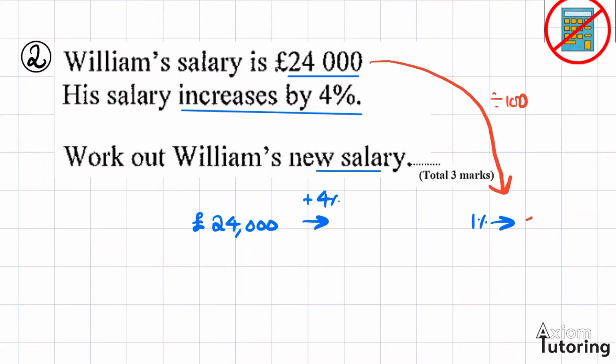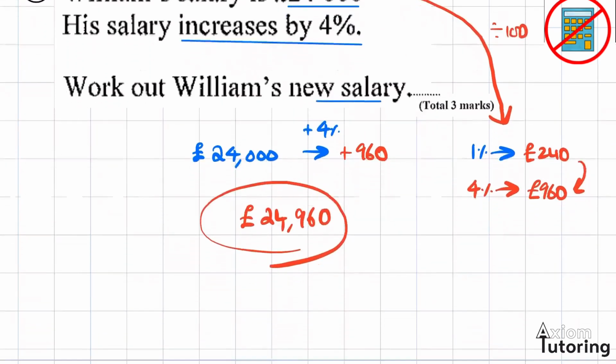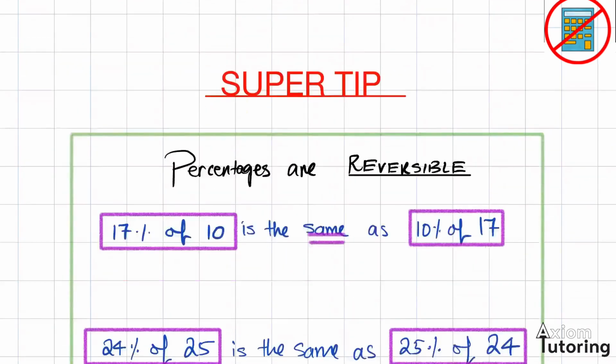So 240 pounds is 1%. 4% must be 240 times 4. That's 960 pounds. And so we add 960 pounds. His new salary is 24,960. And that reflects a 4% increase.